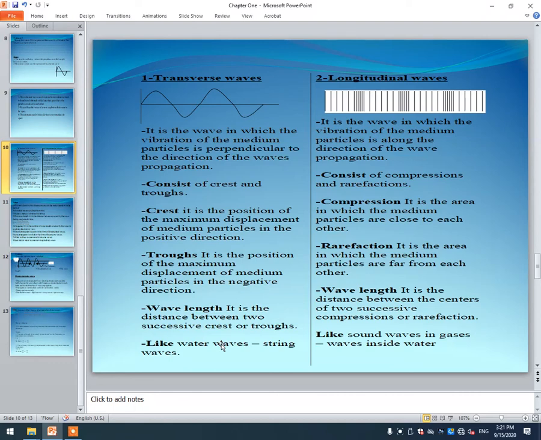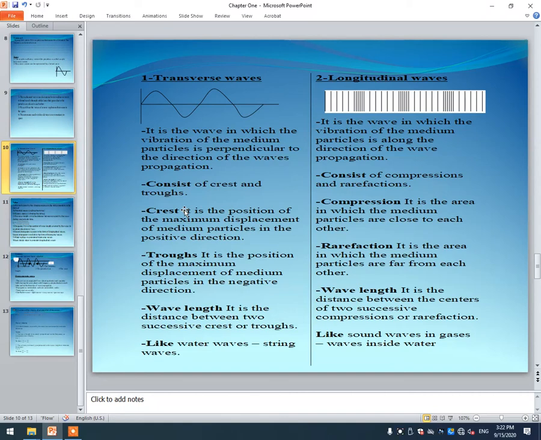And we can use a string or a rope to make a transverse wave by holding one end of the rope in your hand, and fixing the other end on the wall, and trying to move your hand up and down. You will find that the rope makes waves like that, ups and downs, and these will be crests and troughs, which is called a transverse wave.